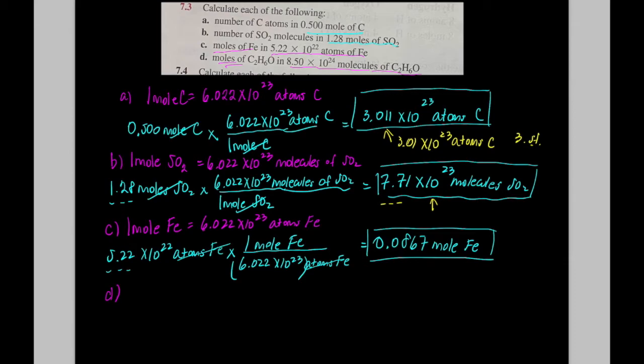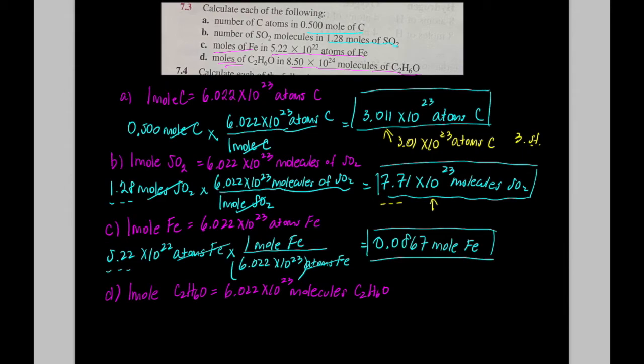We know that 1 mole of this chemical formula C2H6O is going to be equal to this very large quantity of individual atoms. Okay. This could be one of several things, but I believe this formula is for ethanol.